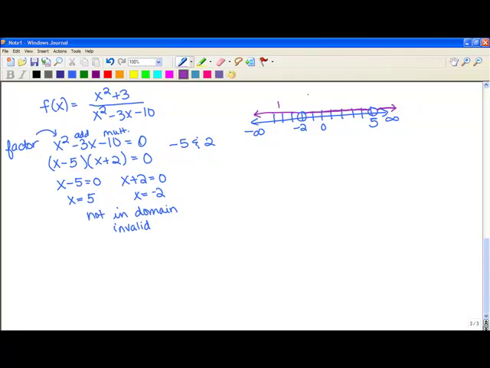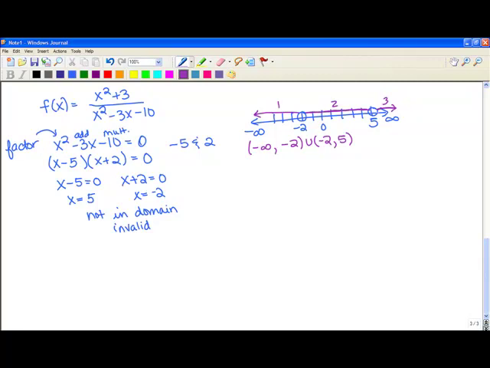So notice that we have 1, 2, 3 intervals here for this problem. Let's look at interval 1 and how to write that. This arrow goes over to negative infinity, and it stops at this open dot at negative 2. There's the first part. Now the second interval goes from negative 2 over to positive 5.